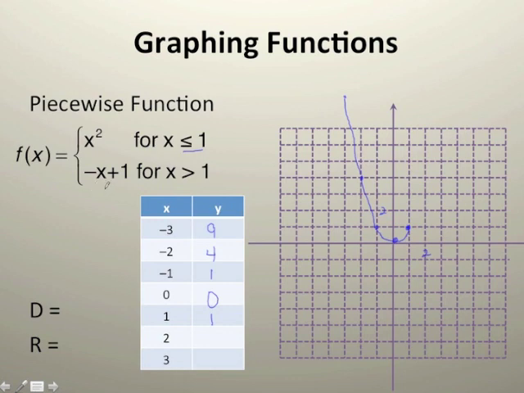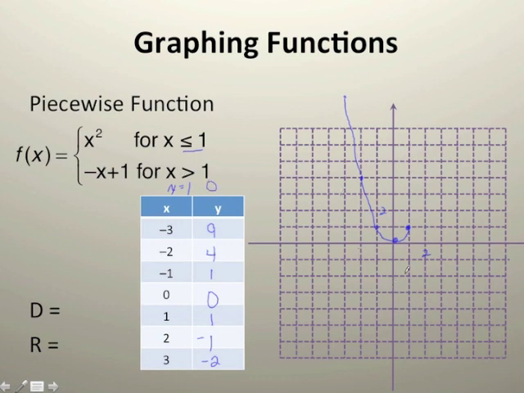Now we want to go with what if x is greater than 1? Well, negative x plus 1: negative 2 plus 1 would be negative 1, and negative 3 plus 1 would be negative 2. Now, it's also important right here to check what if x equals 1. And that would be negative 1 plus 1, that would be 0.